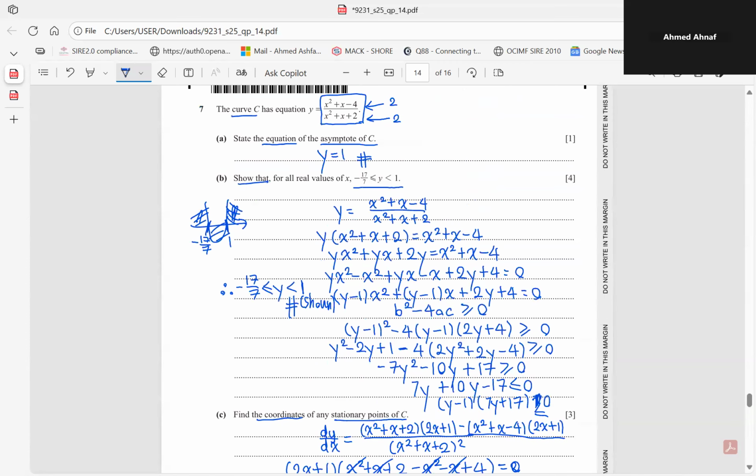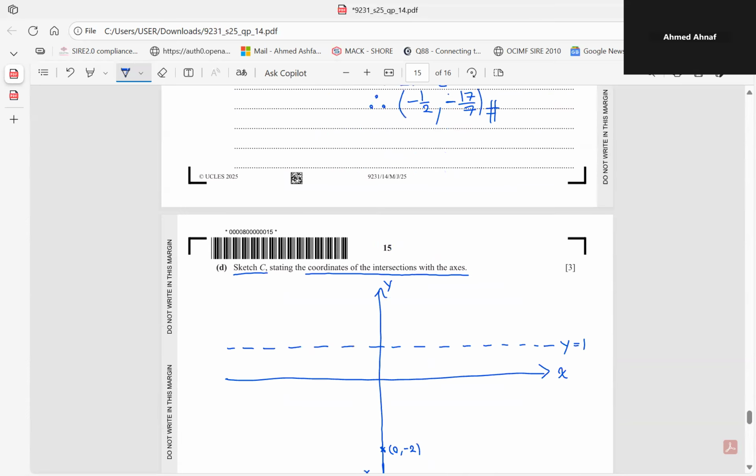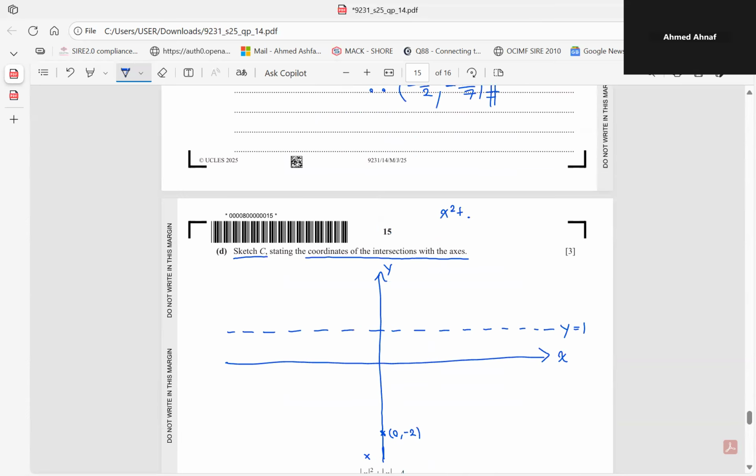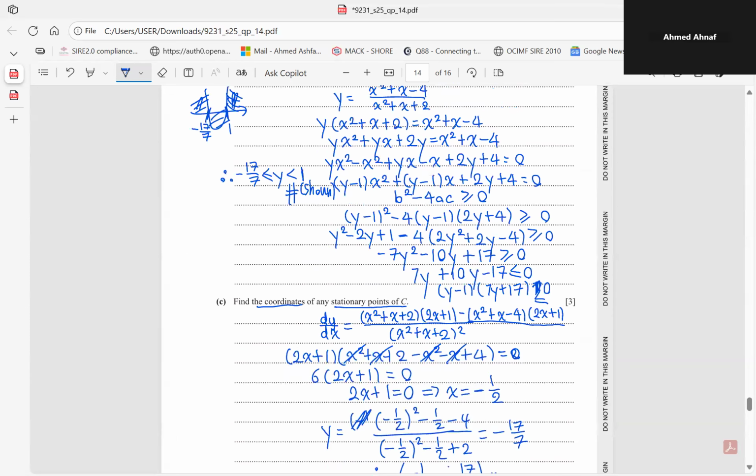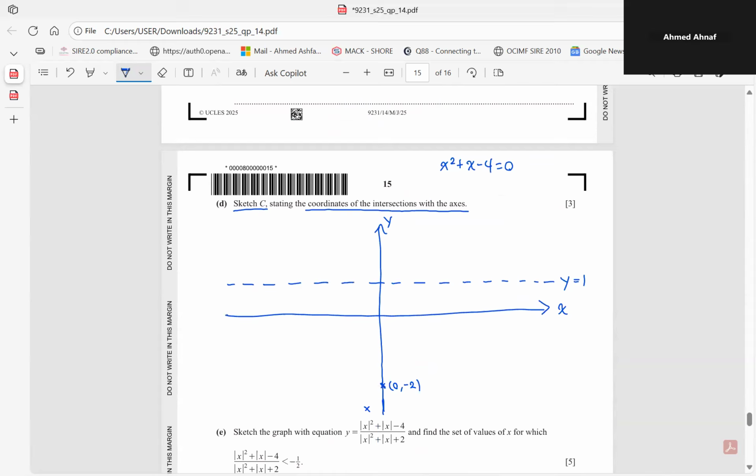Now equate the numerator to 0: x squared plus x minus 4 equals 0. You can just do it straight onto your calculator. You don't have to show the working. You get one coordinate, 1.56.